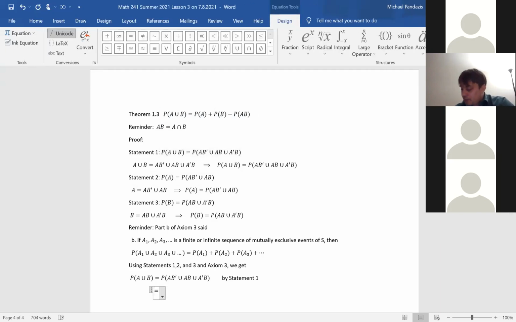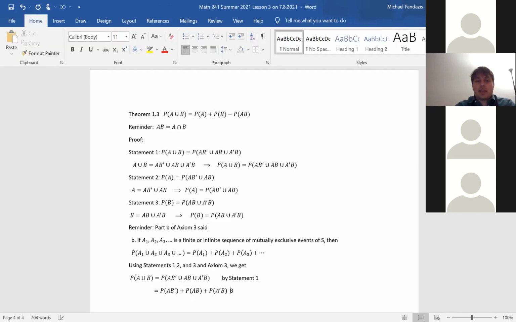So next, that's equal to P of AB prime plus P of AB plus P of A prime B. And that's by axiom 3, part B, since the sets involved, AB prime, AB, and A prime B, are mutually exclusive events.